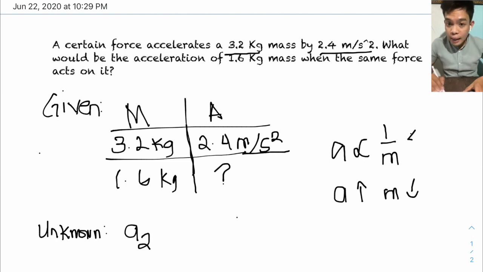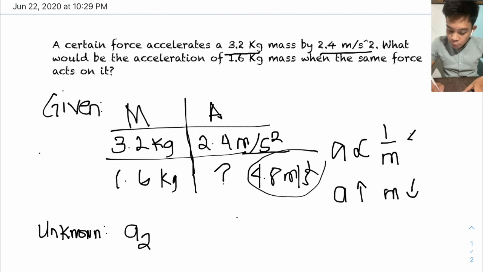It will not decrease, it will increase, because our mass reduces into half, so the acceleration should be doubled. So 2.4 plus 2.4, the answer is 4.8 meters per second squared. This is our predicted value.